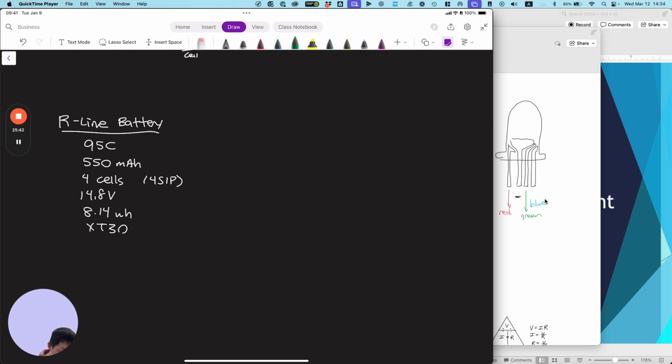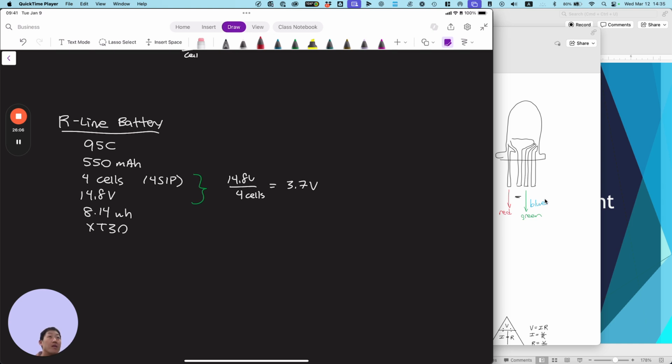So look at these two right here. We have 14.8 volts. 14.8 volts divided by 4 cells is what? Is it 3.7? Okay. So that also confirms that we do indeed have a 4S battery, because 3.7 is our nominal.